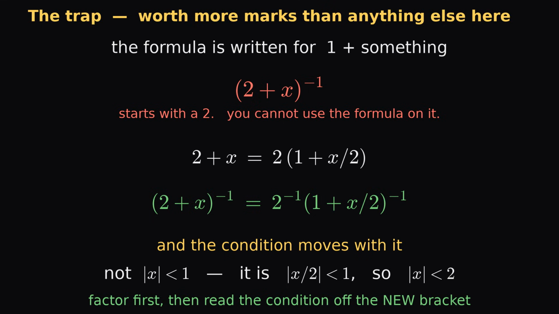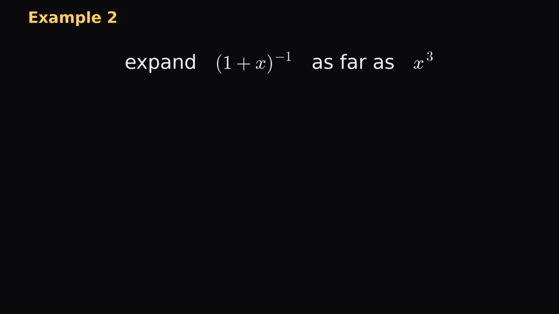Example 4 does this one for real. Example 2. Expand (1 + x)^(-1) as far as the x^3 term. So n is minus 1. The first term is 1. It always is. Then nx, which is minus x. Then n(n-1)/2!: minus 1 times minus 2 over 2, 2 over 2, 1, so plus x^2.